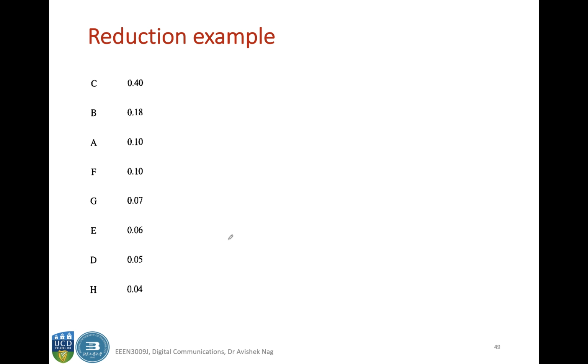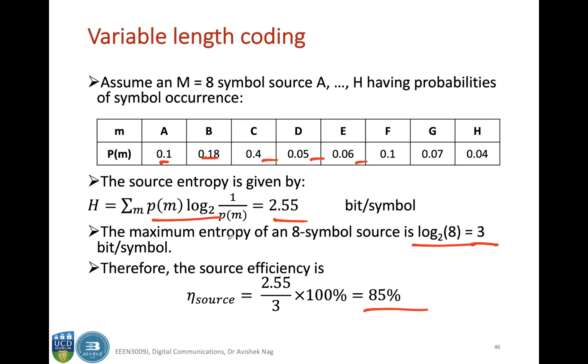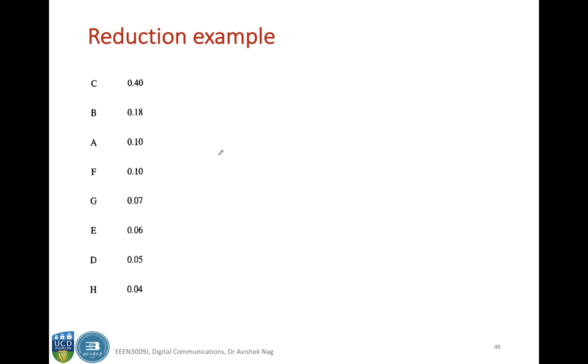So let's say in the previous example, we have all these letters with their probabilities. We just arrange them in the order of highest to lowest. So C has the highest probability and H has the lowest probability.